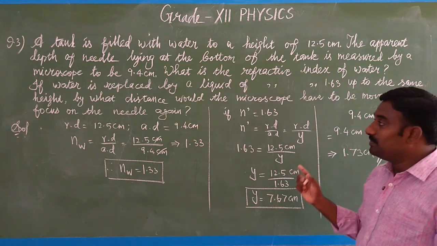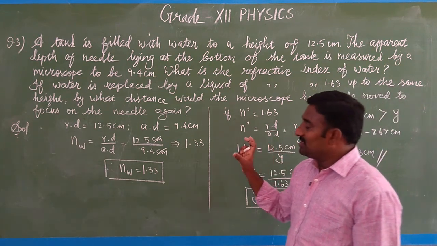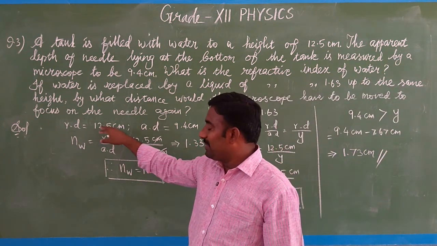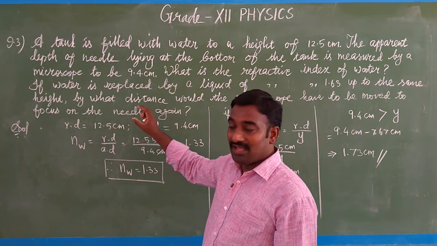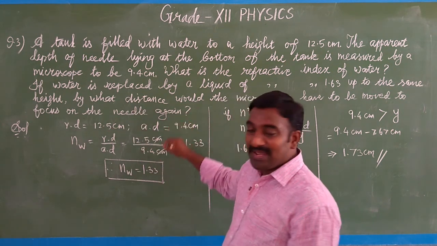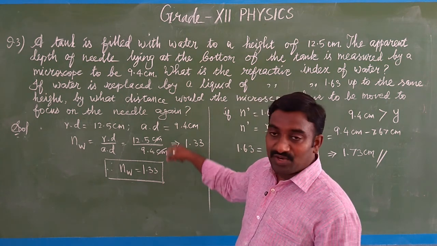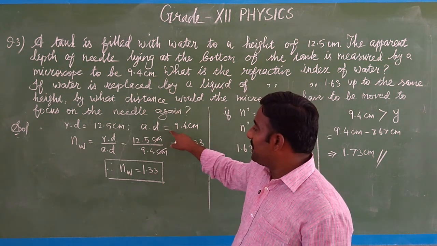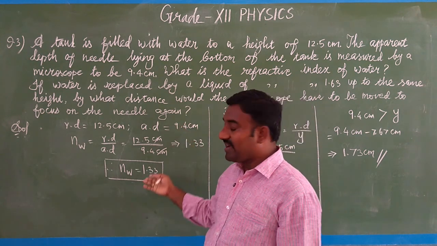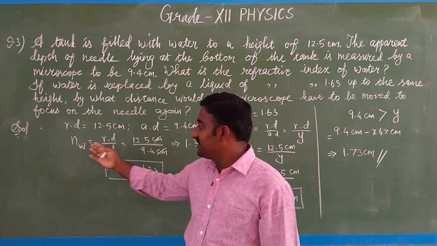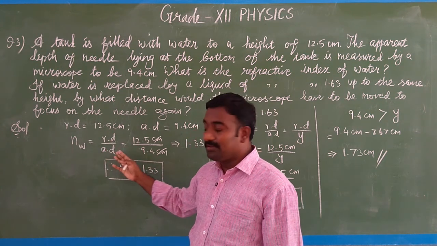It's a very simple question. There is a water tank that contains water to the maximum height of 12.5 centimeter, that is the depth of the water. In that, a needle is placed at the bottom of the tank, which is observed under the microscope. The apparent depth observed under the microscope is 9.4 centimeter. So find the refractive index of water, because refractive index is the ratio between real depth and apparent depth.